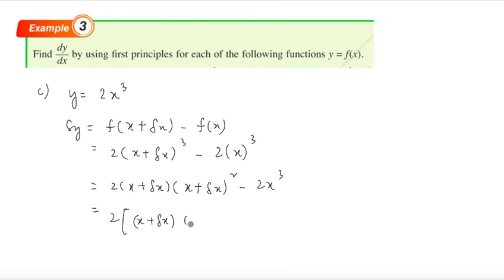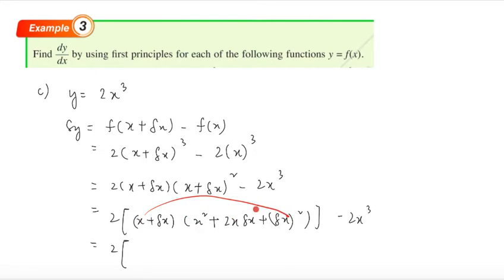Oh, this one very long. Okay. x squared plus 2x delta x plus delta x squared, minus 2x cubed later. Okay, this one copy now. Now 2. Okay, this one first to this one, second to here.